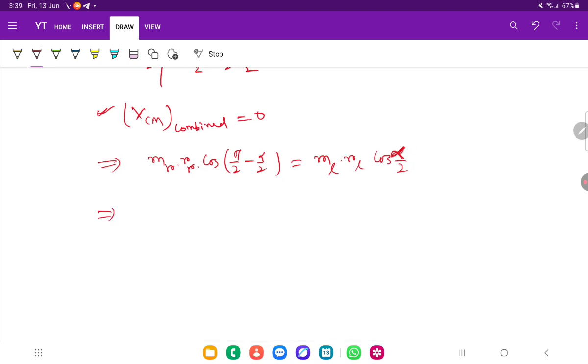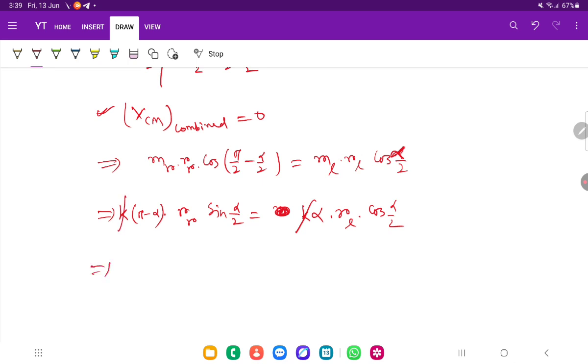So let me put the values. I mean, let's say MR I am putting as K times pi minus alpha and here is R of R. This will be sine alpha by 2, since cos pi by 2 minus theta is sine theta. I've made a mistake here. MR times RR will be K times pi minus alpha, and this will be K times alpha RL cos alpha by 2.